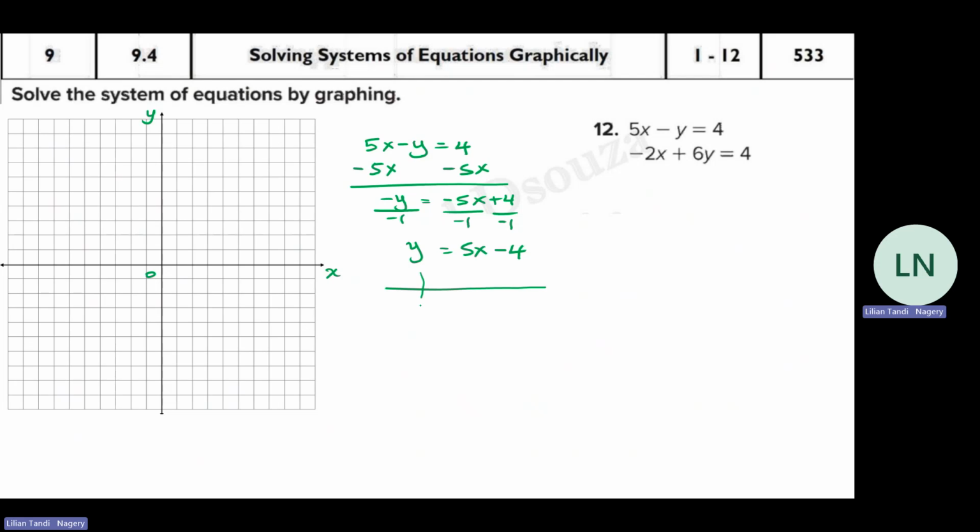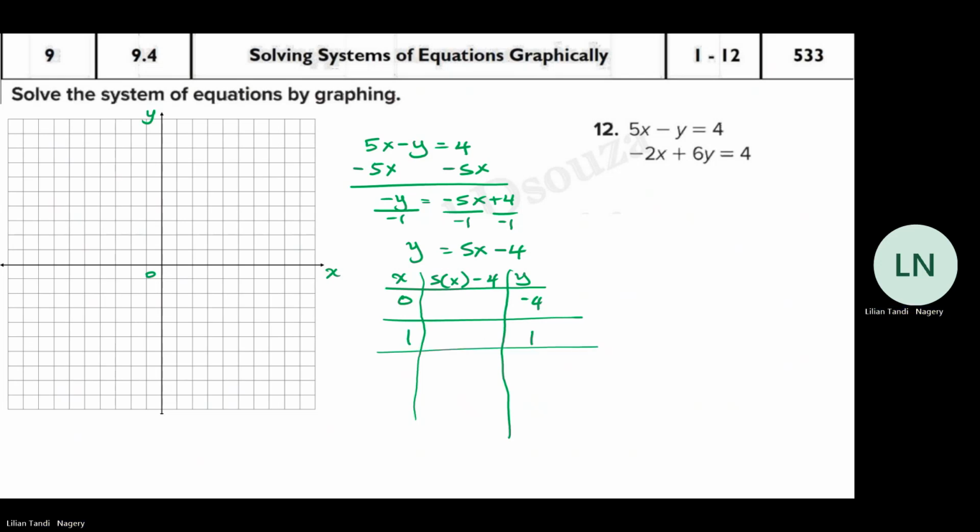Do your table. X, y: 0 with negative 4, 1 with 1, and then I also did 2 with 6.